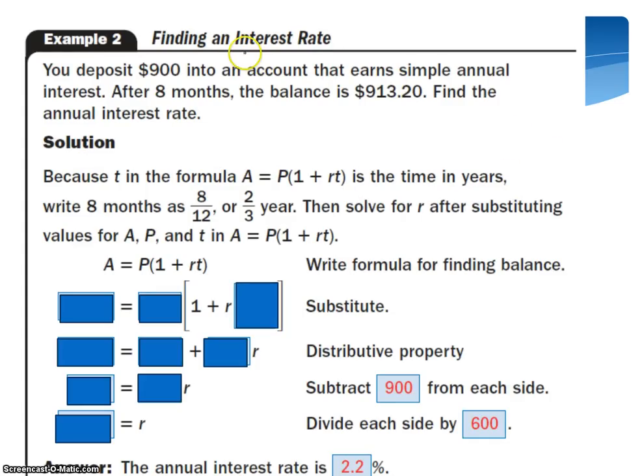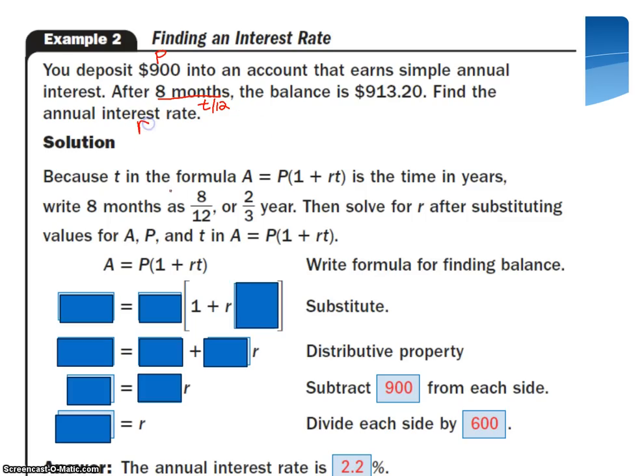In example 2, this time we're going to find the interest rate. So you deposit $900. This is what you deposit, so it's your principal, into an account that earns simple annual interest. After 8 months, and this is your time, we have to divide it by 12. The balance is $913.20.